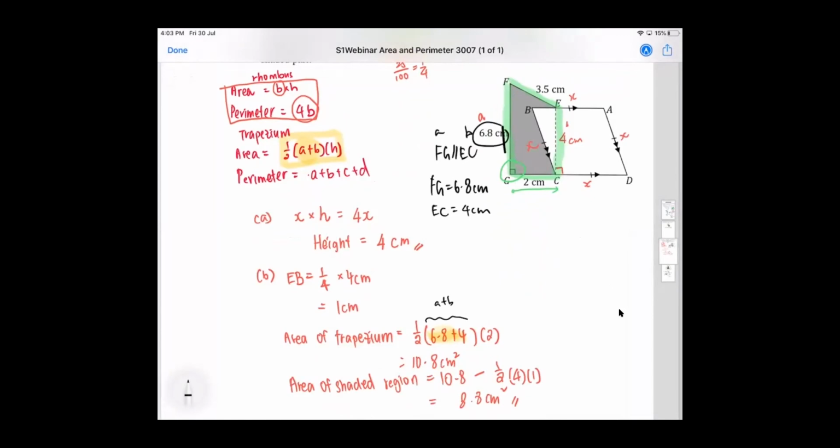The 90-degree distance is actually 2 cm. This is the distance, GC. GC is the perpendicular distance between them. Then after that, you just find the value of this.